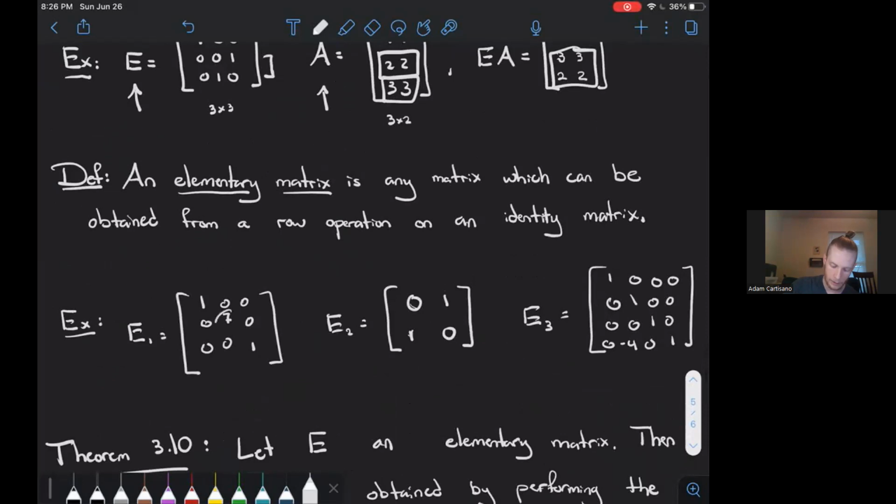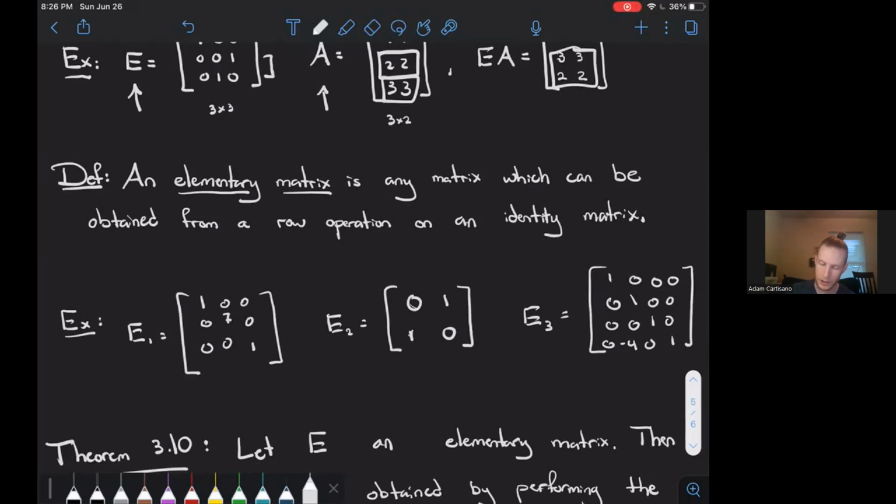First of all, you can have a number times any one of the entries on the diagonal of the identity matrix. Whichever diagonal entry that you have which is not the number one will correspond to scaling that row in your matrix A by that number.